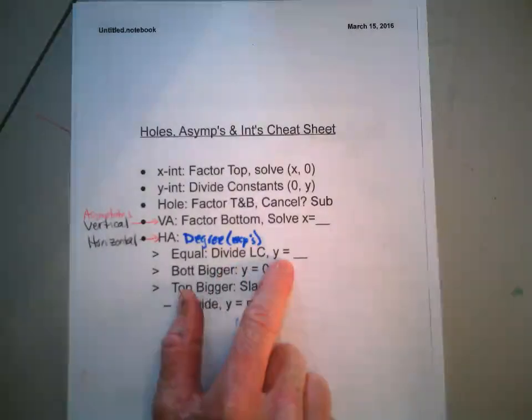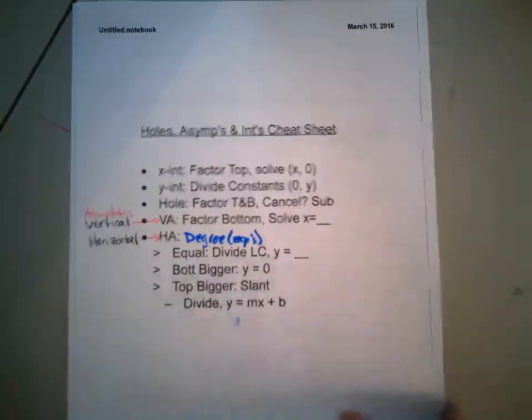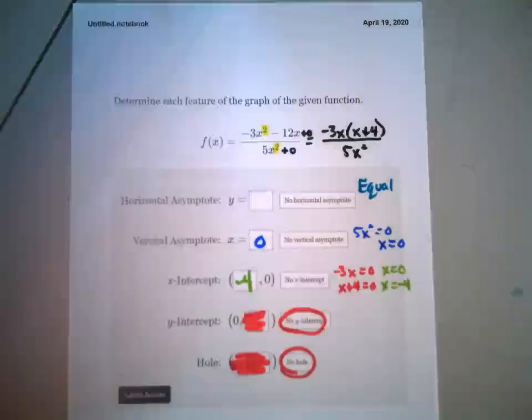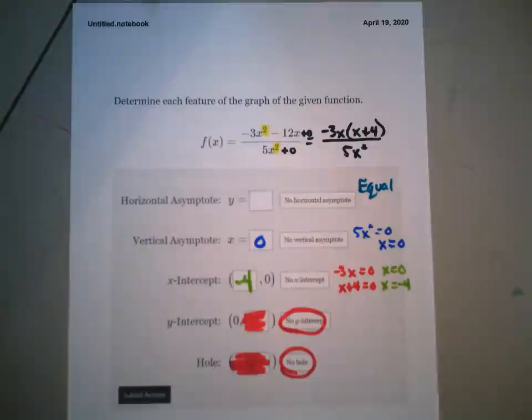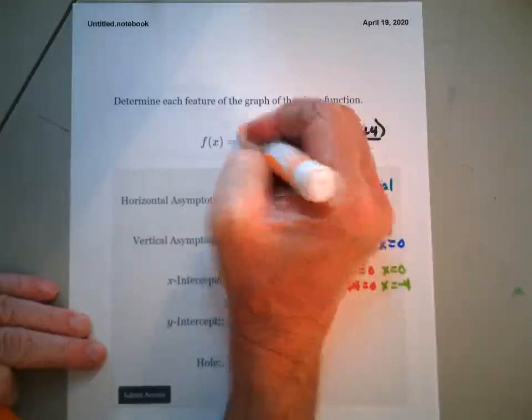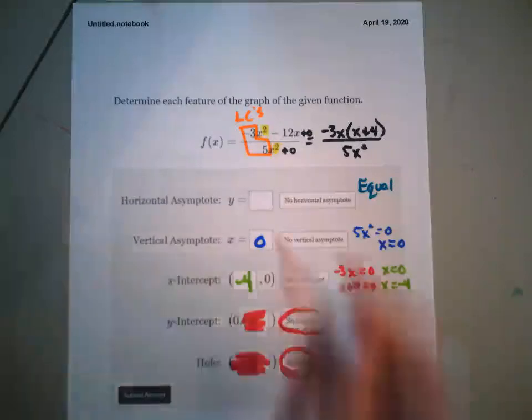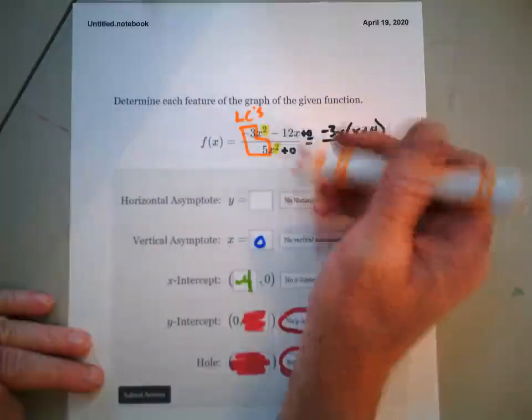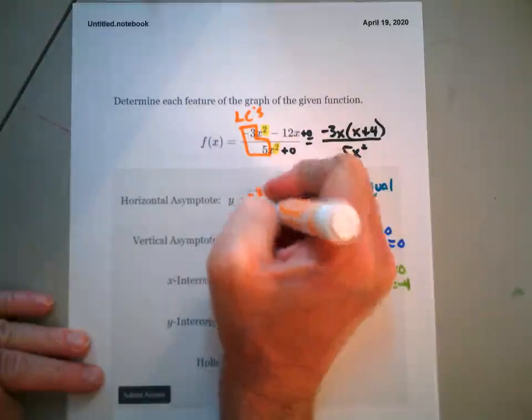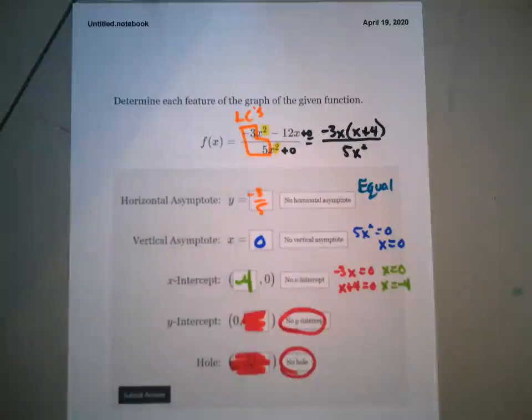And that gives us our horizontal asymptote. So the leading coefficients are negative 3 and negative 5. Those are your leading coefficients. And so if you divide those, you just keep that fraction. Negative 3 over 5 becomes the horizontal asymptote for that problem. And that's the 5 features for that problem.